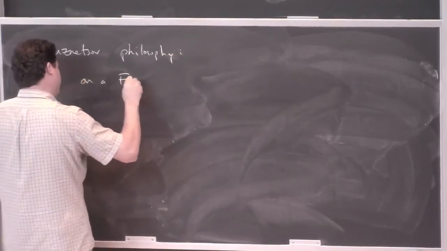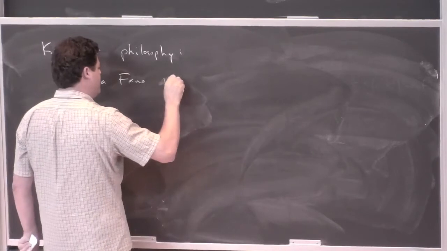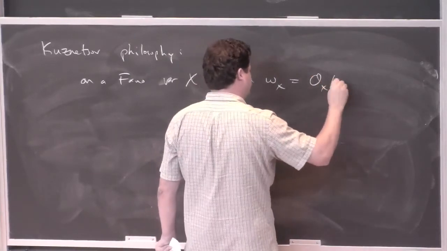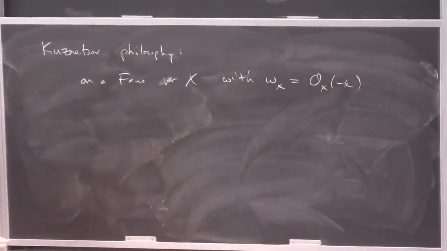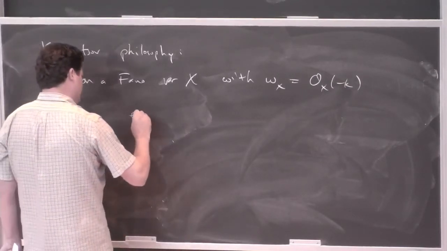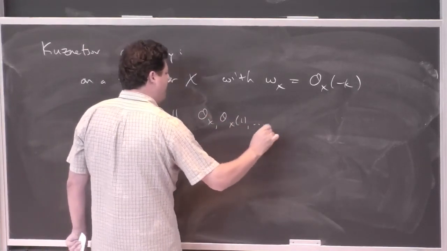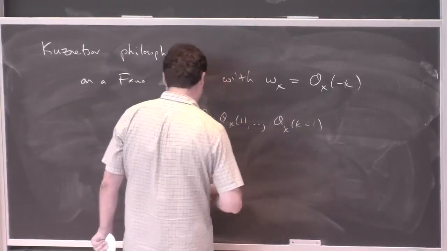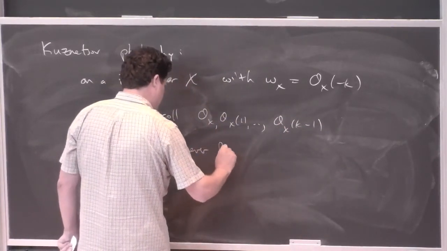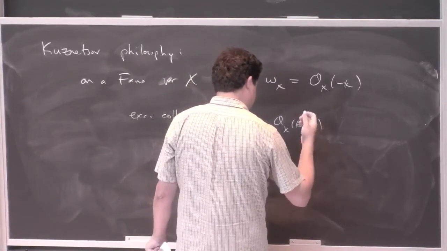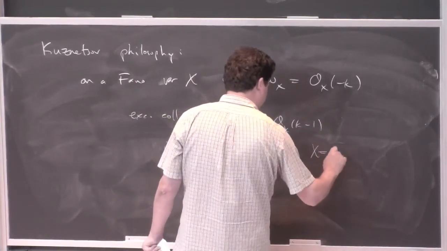On a Fano variety X, with omega_X written as O(-K), where O(1) is some ample line bundle that's not a multiple of any smaller line bundle, the exceptional collection O, O(1), up to O(K minus 1) is never full, unless X is P^n.